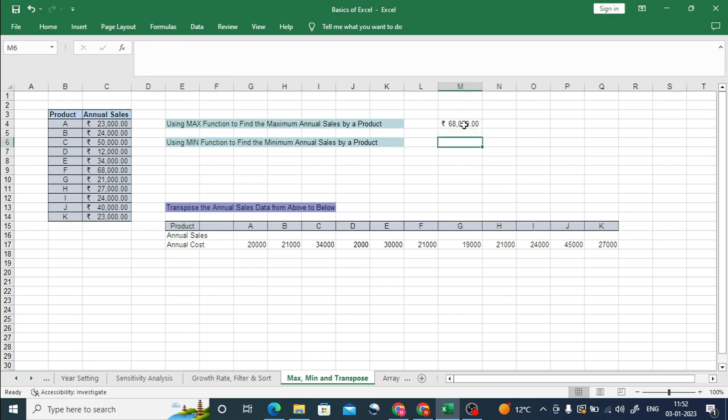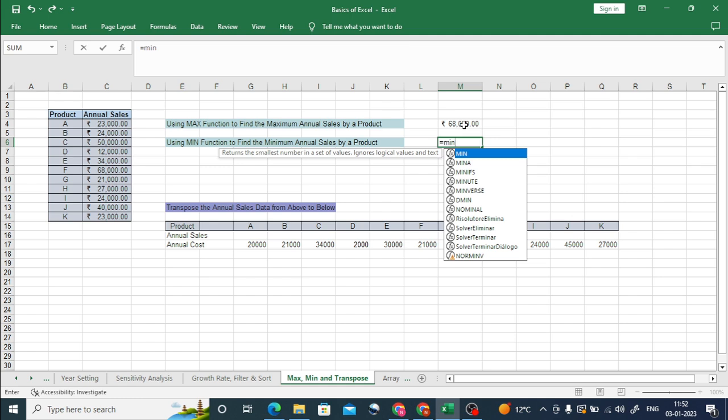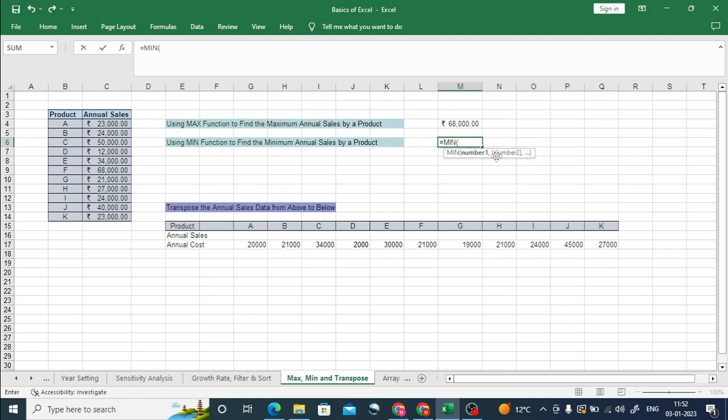In the same manner, if you are being asked to calculate the minimum annual sales by a product, so in place of maximum, which we used earlier, we will use min, which is minimum. You select it and then you again select all the annual sales, close the bracket, hit enter.